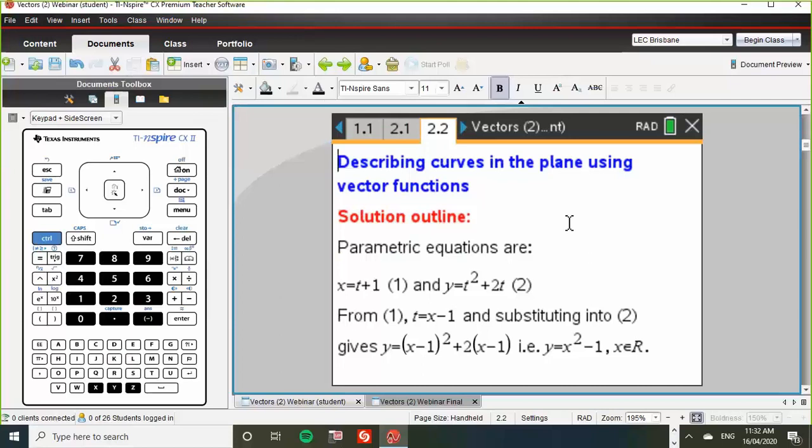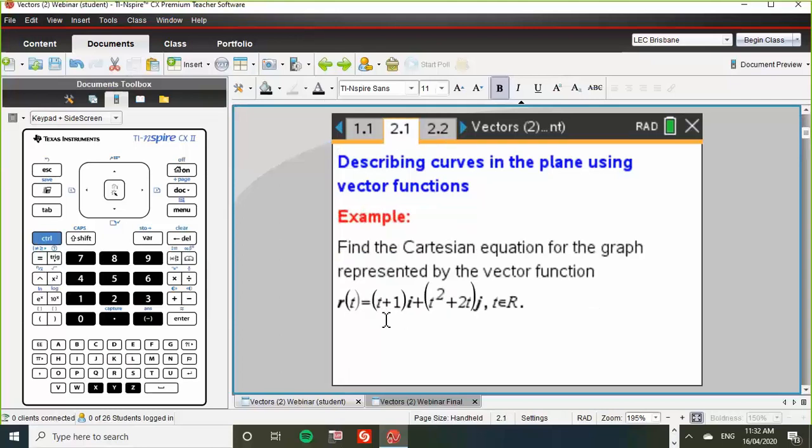Now, in a by hand environment, x of t in this instance is given by t plus 1, so x is t plus 1, and y of t is t squared plus 2t. So we have x in terms of t and y in terms of t.